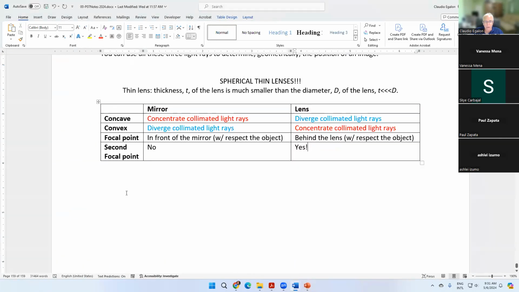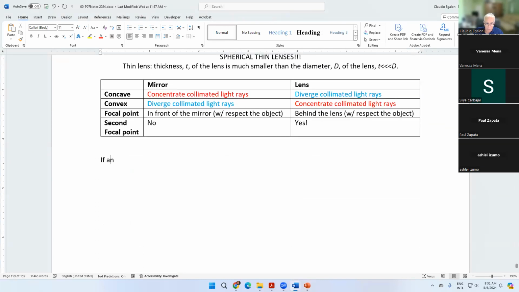Here you go. If an object is far away from the second focal point f prime, the image formed will be real and inverted.